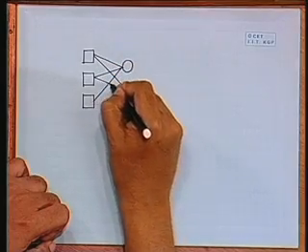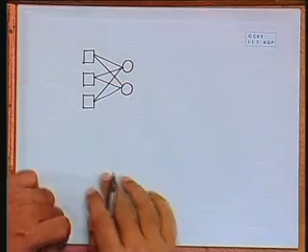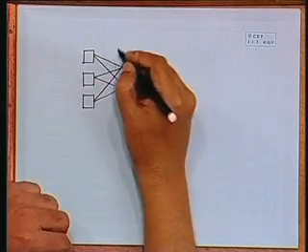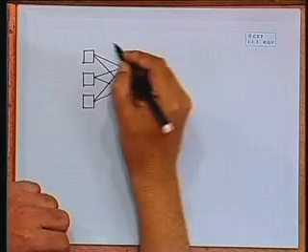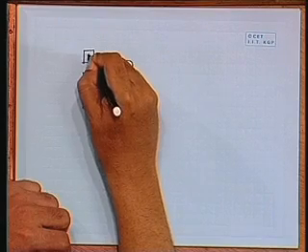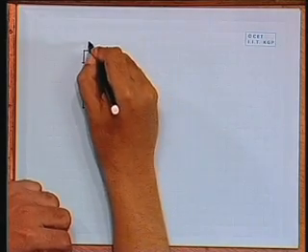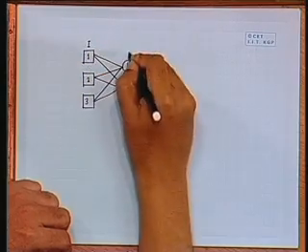So, it represents a complete bipartite graph. Now, let us say this is 1 2 3, this is 1 2. So, this is I1 I2 I3 and this is O1 O2.